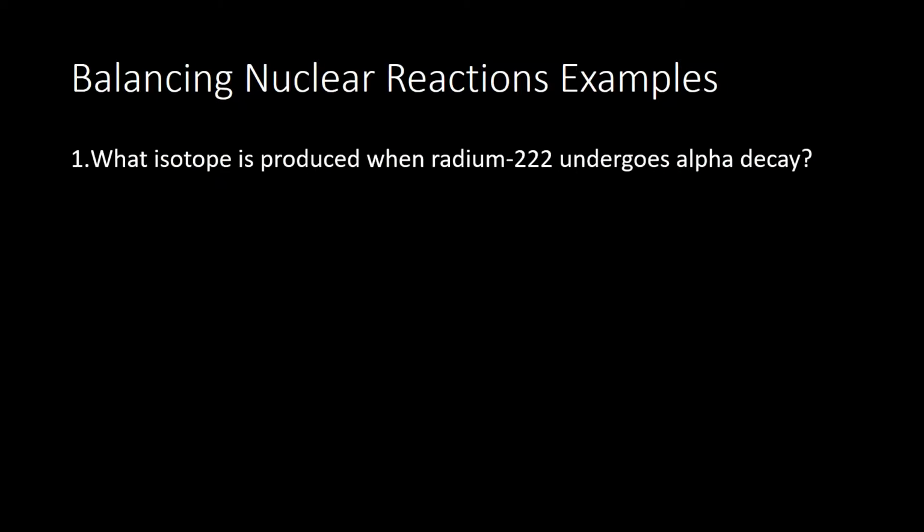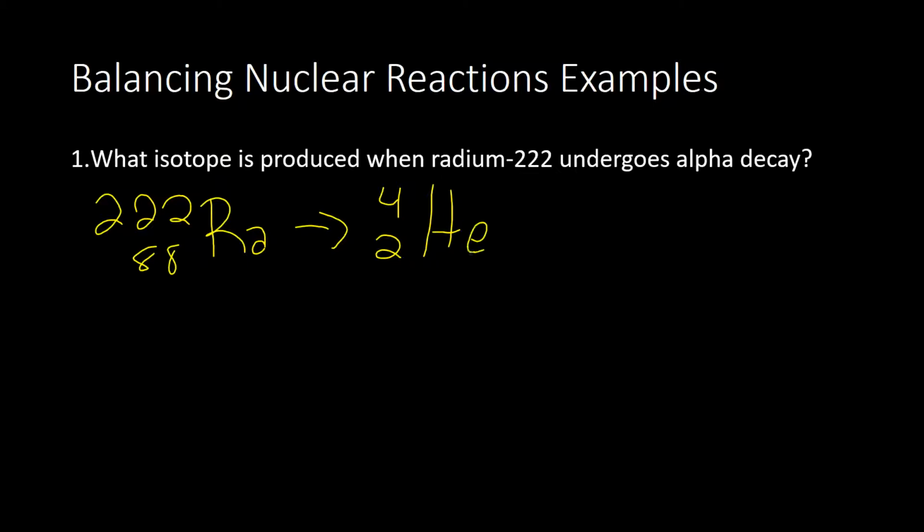What isotope is produced when radium-222 undergoes alpha decay? So 222 is my mass. Radium has the symbol Ra, and if I look at the periodic table, I see that it is number 88. So it undergoes alpha decay, and alpha decay had the symbol 4/2 He. Now I need to figure out what I need to put on this side in order to balance that out.